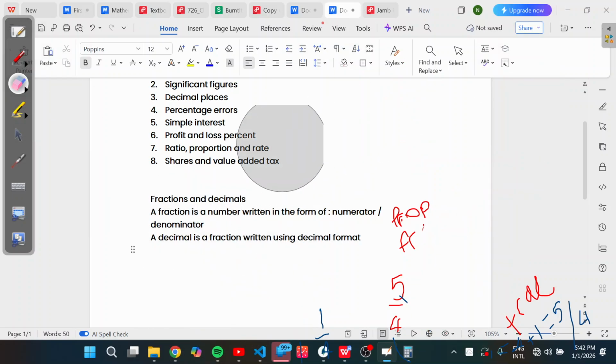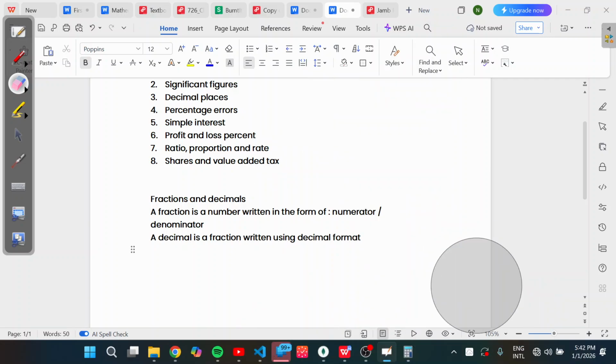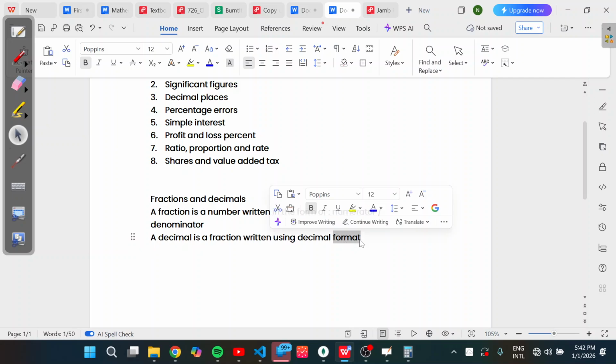Okay, so now we want to treat decimals. A decimal is a fraction written using the decimal point format.